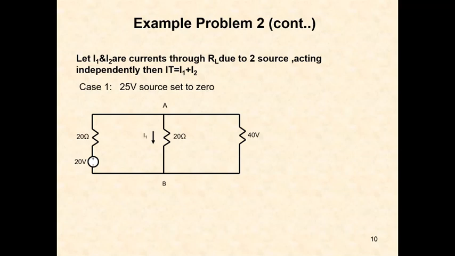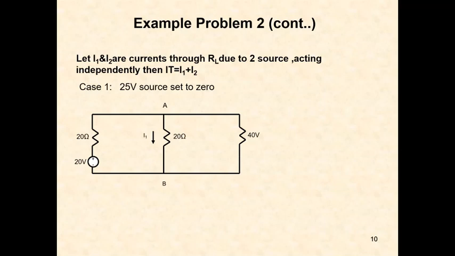Now by applying the superposition theorem, what will happen? Set the 25 volts source to 0, and due to the 20 volts source there is a current flowing through the 20 ohms.